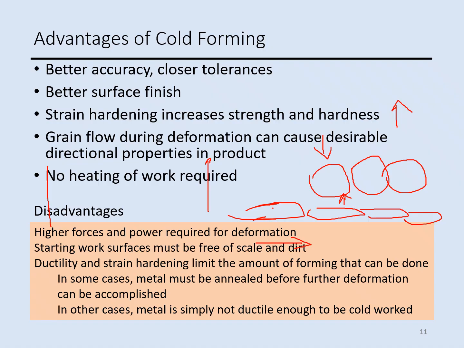So it might be favorable in some operations. Another good thing about this process is that we don't need any apparatus or equipment for heating, because we are performing the process at room temperature.